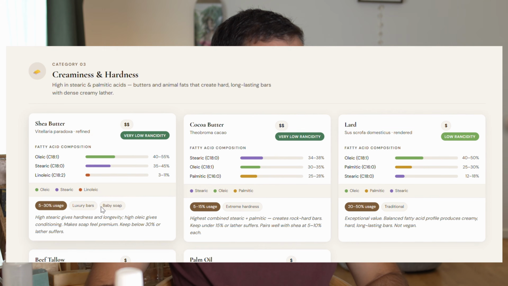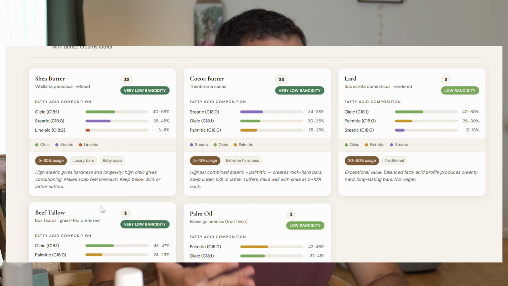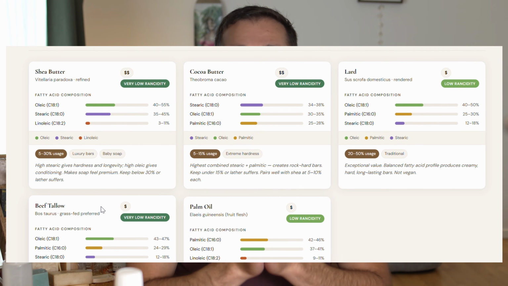And now we go to perhaps one of my own personal favorite categories, which is the dial that adds creaminess, hardness and structure to your soap. And these are oils like shea butter, cocoa butter, lard, beef tallow and palm oil. Those all have a thing in common.